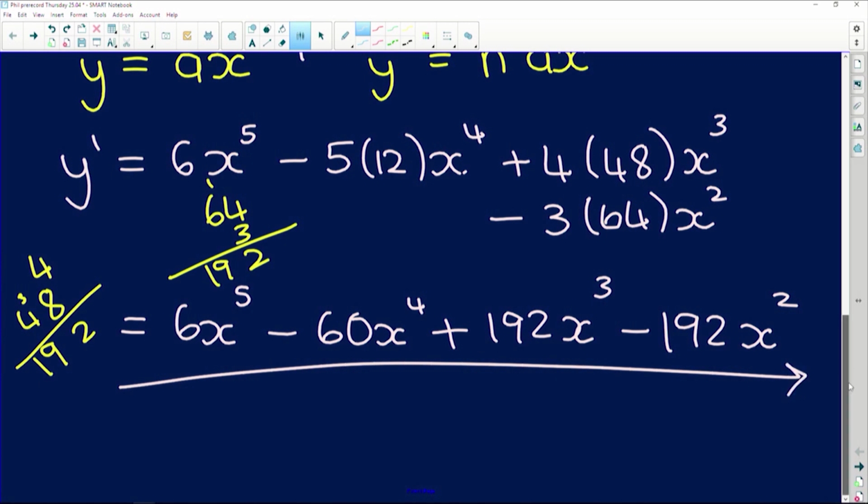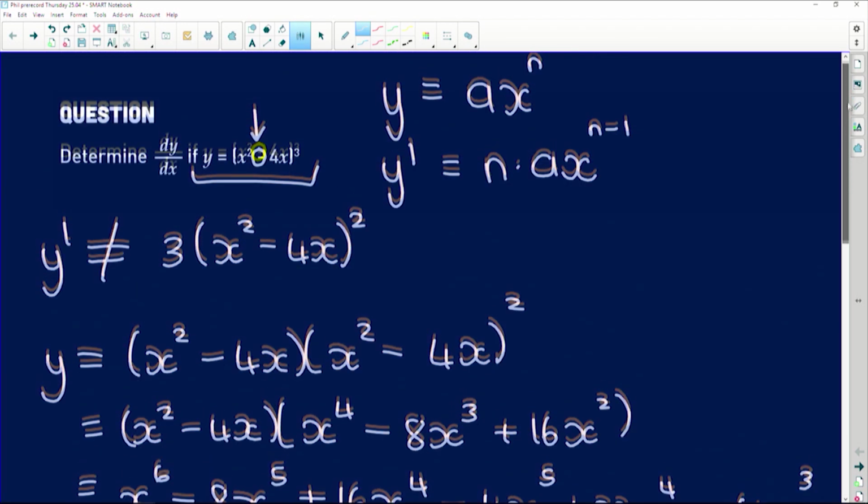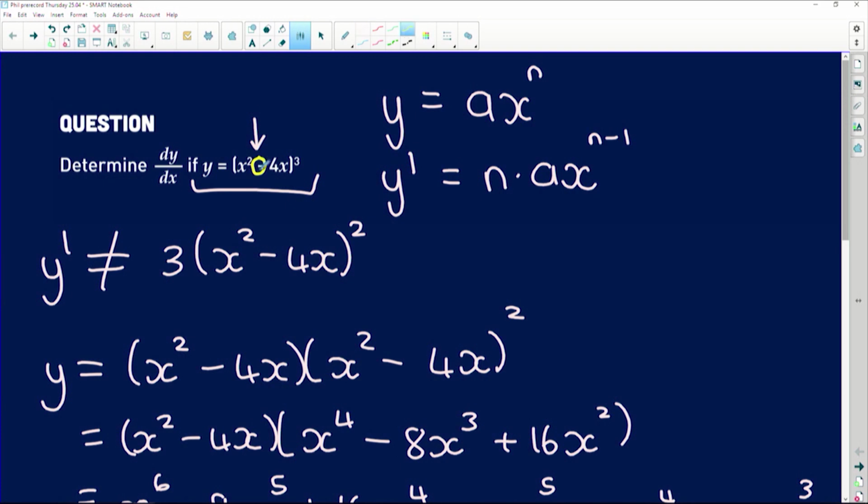So remember, if you look at this original function here, because of that subtract there and the fact that this whole thing is raised to the power 3, we cannot apply this rule immediately, guys. You need to remember that if you have a whole bracket raised to a power, if you have a subtract or a multiply or a plus or a divide in that bracket, you need to deal with the whole power first. You can't just apply the power rule when you differentiate.